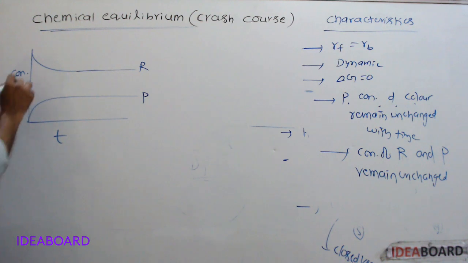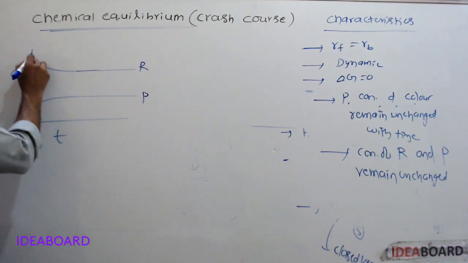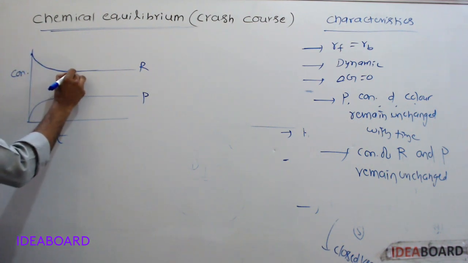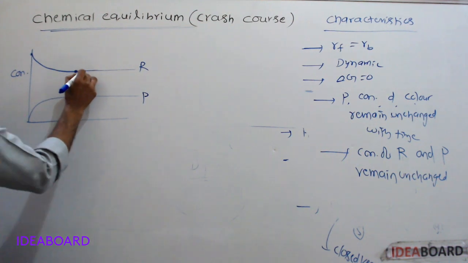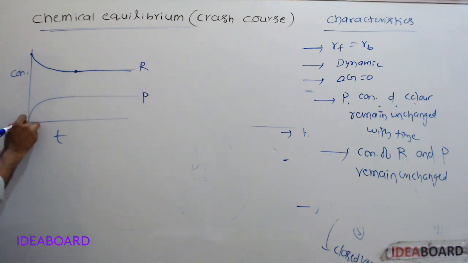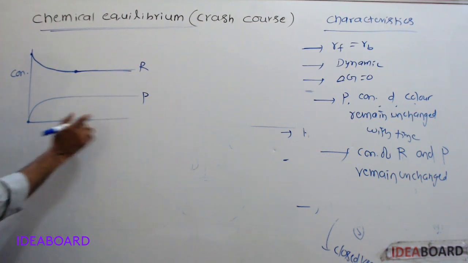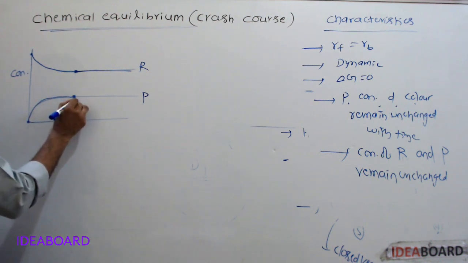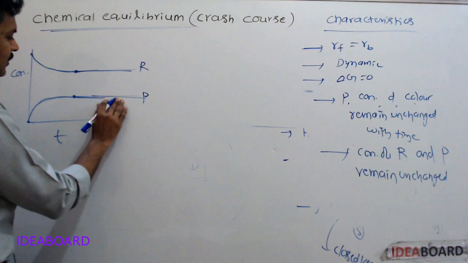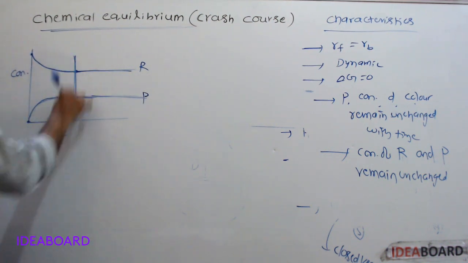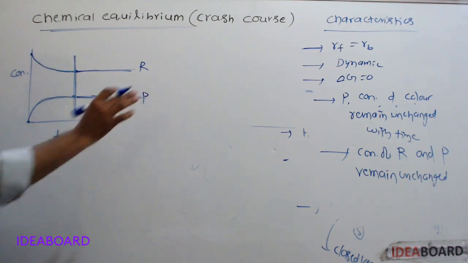Initially, the concentration of reactant is maximum. As time proceeds, the concentration of reactant decreases. Till here it decreases, but after reaching this point, no change. For products, initially 0. As time proceeds, the concentration of products increases. Till here it increases, but after reaching this point, there is no change. So this stage is called the equilibrium state.